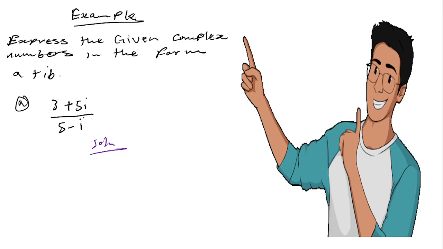The first way you can handle this question is finding the conjugate of the denominator. So you have 3 plus 5i over 5 minus i. The first step is to find the conjugate of the denominator.